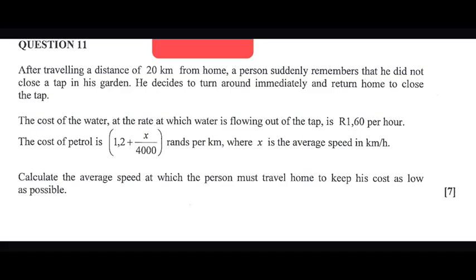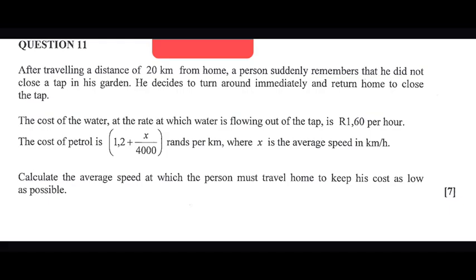The question says, after traveling a distance of 20 kilometers from home, a person suddenly remembers that he didn't close a tap in his garden. He decides to turn around immediately and return home to close the tap.